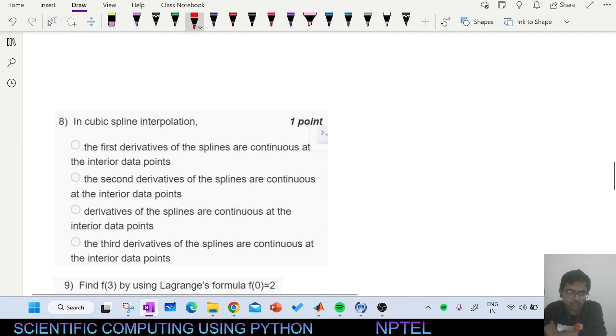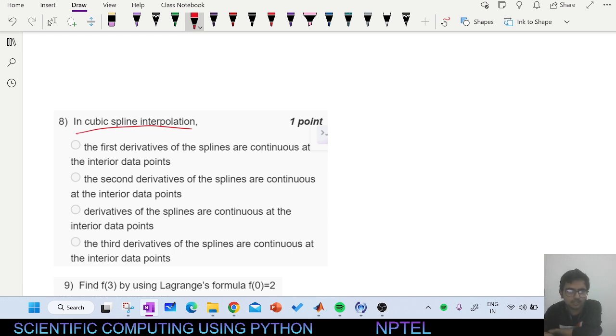Okay, eighth one. In cubic spline interpolation, the first derivatives of the splines are continuous at the interior data points. Second derivatives of the spline are continuous at interior data points. Derivatives of the splines are continuous at the interior data points. And the third derivative.